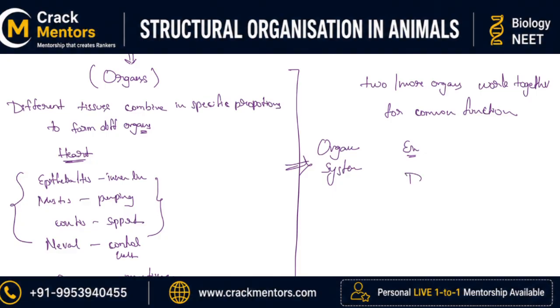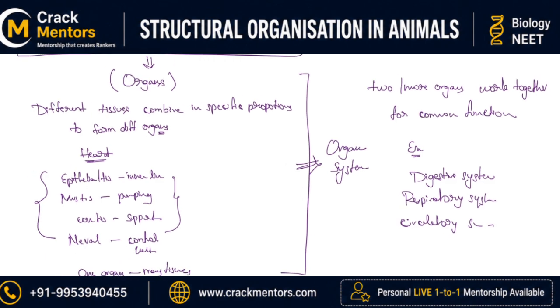Examples of such organ systems are the digestive system, respiratory system, circulatory system, excretory system, reproductive system, etc.